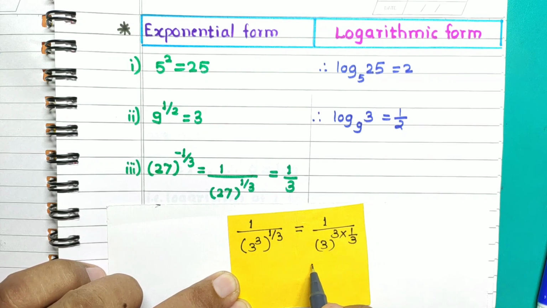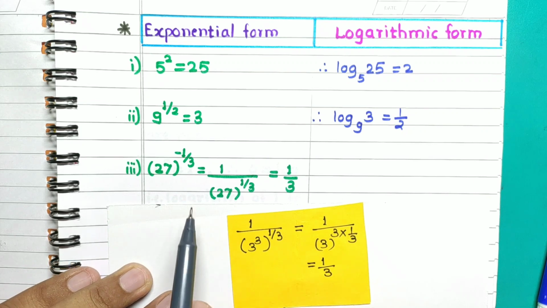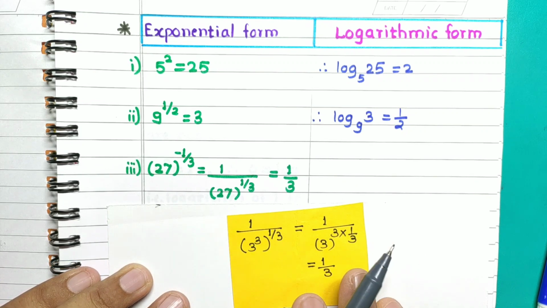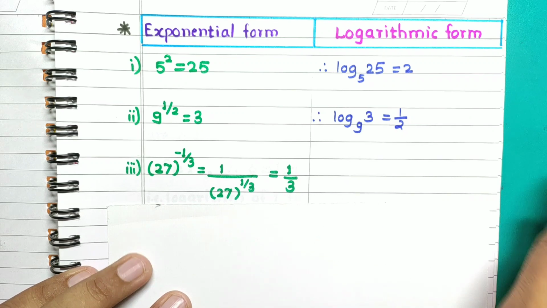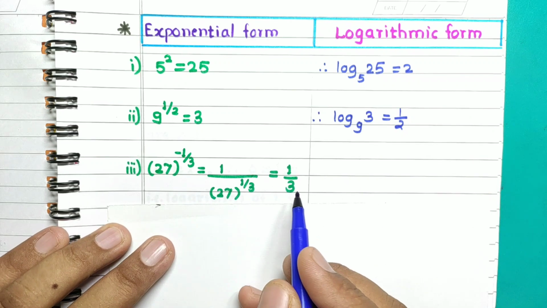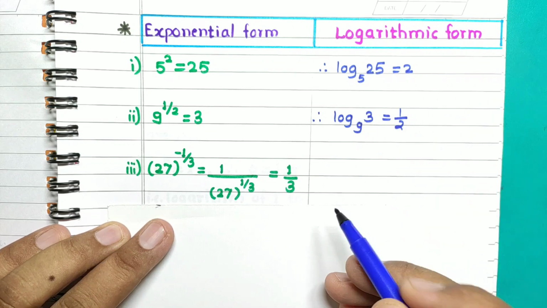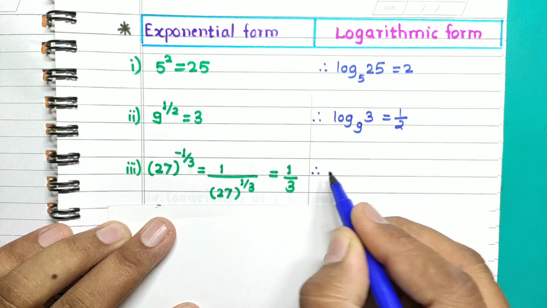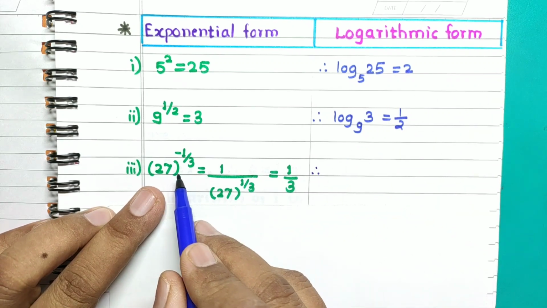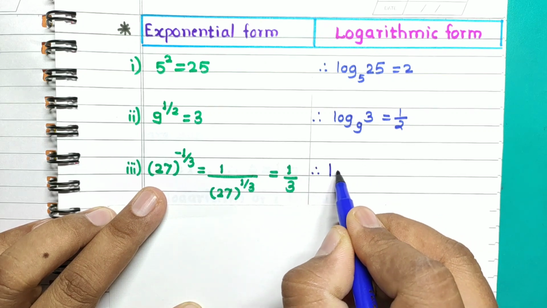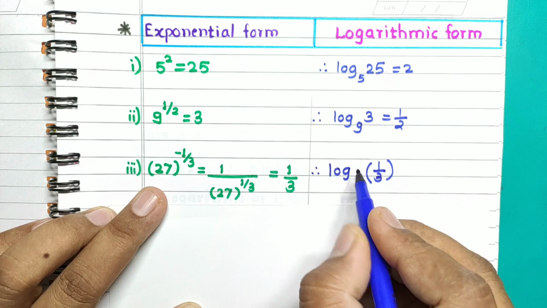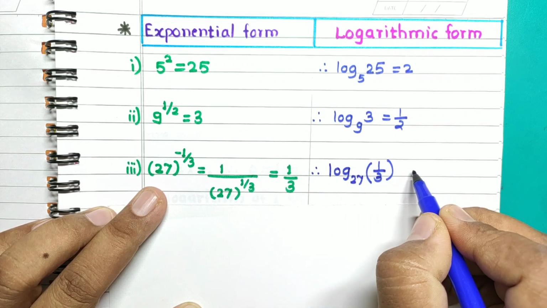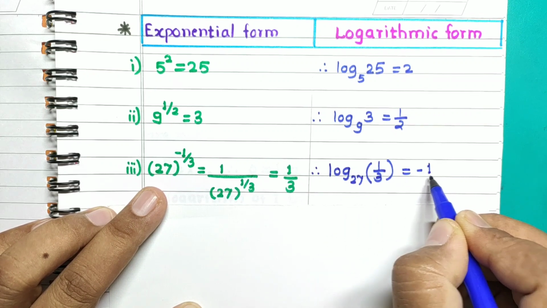The 3s get cancelled and finally we have 1 by 3. So 27 raised to minus 1 by 3 we can write as 1 by 3. For this exponential form, we have the logarithmic form: here the base is 27, so log of 1 by 3 to the base 27 is minus 1 by 3.